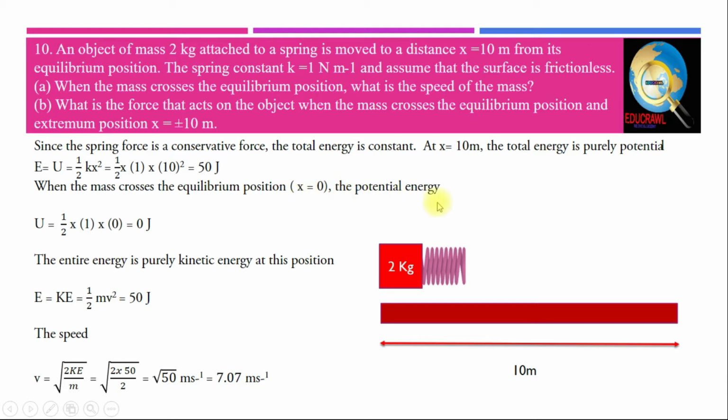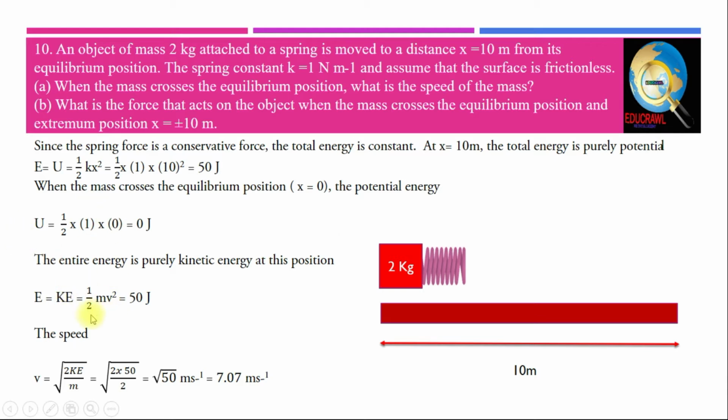So here the potential energy will be, as per the formula, half kx squared. Since x is 0, the potential energy when the mass crosses the equilibrium position will also be equal to 0. So the entire energy when the object is crossing the equilibrium position will be the kinetic energy.